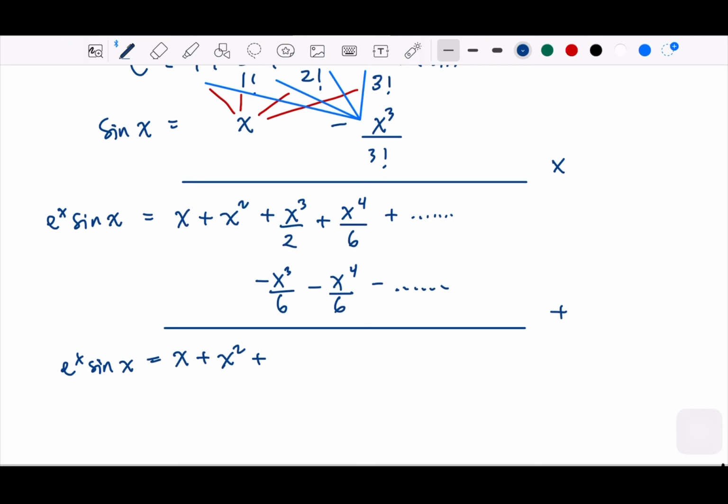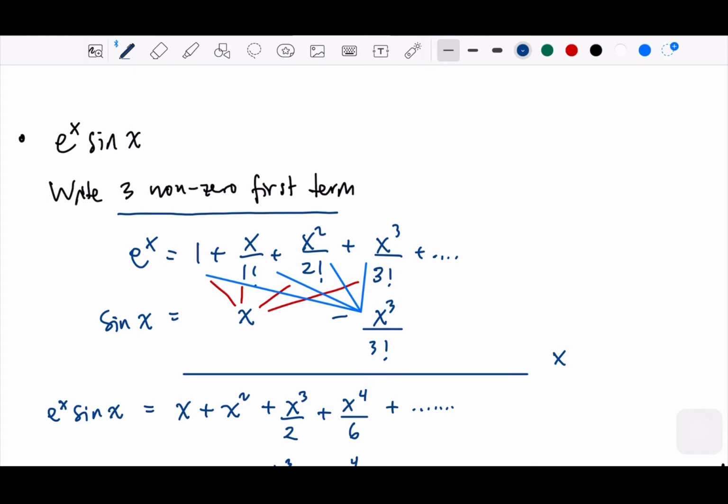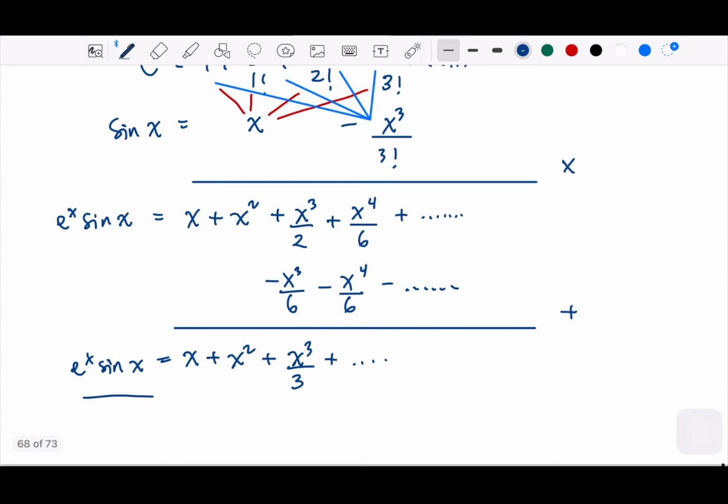So plus 1 over 3 x cubed. And if you want the fourth, we can also write it down, but I think it becomes 0, right? So I will just stop here, and this will be plus dot dot dot. Maybe there will be other terms. But this is the first 3 non-zero terms for the function e to the x sine x.